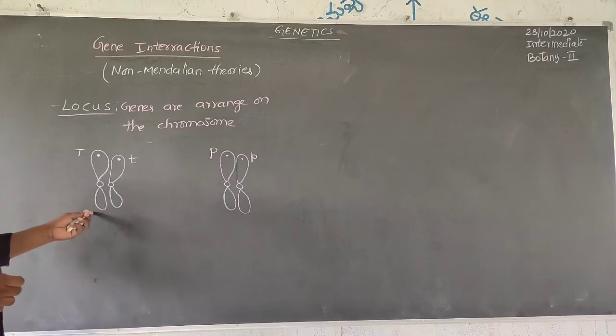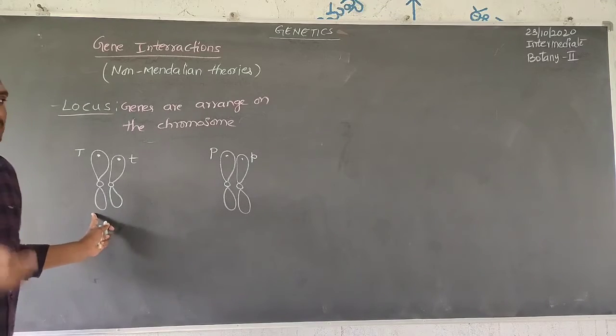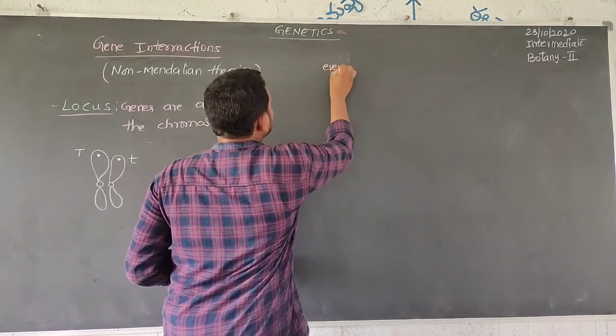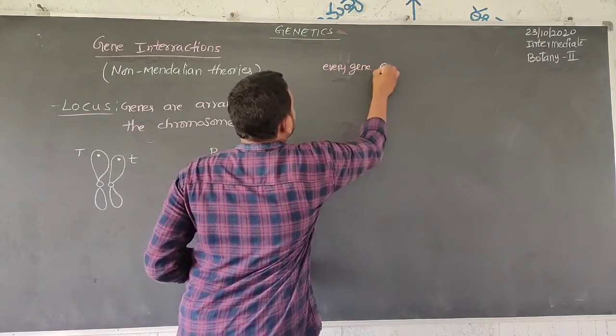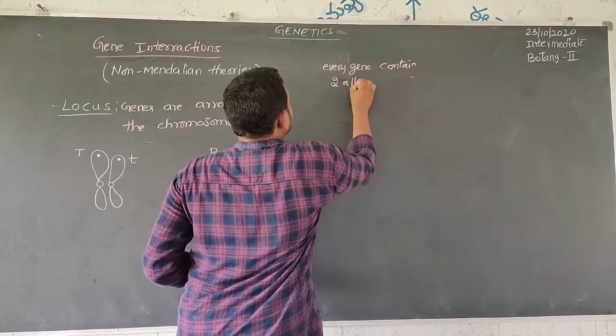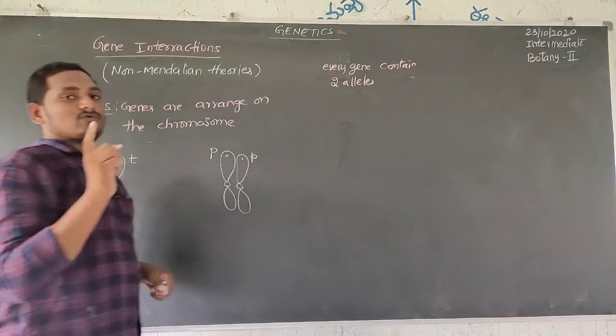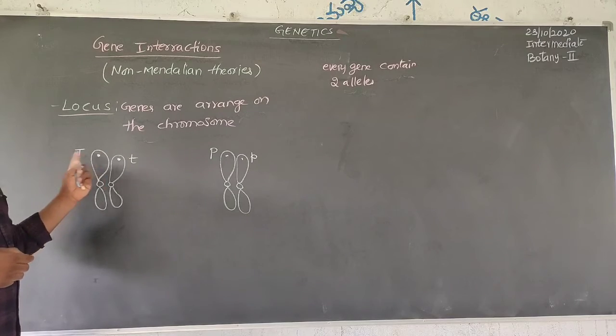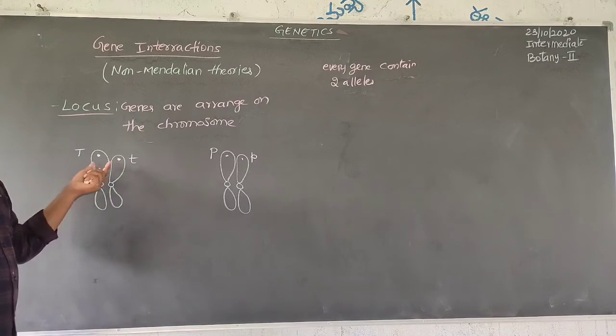One thing is every gene contains two alleles, meaning two alleles for one gene. So this capital T, small t, they come under only one gene.